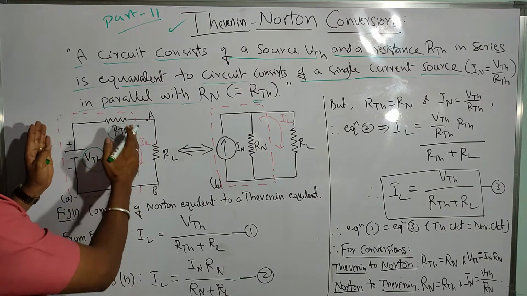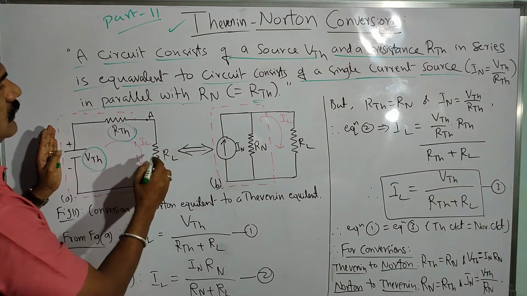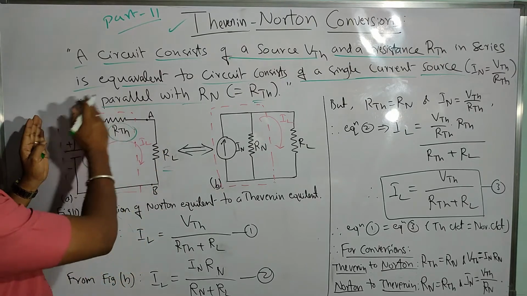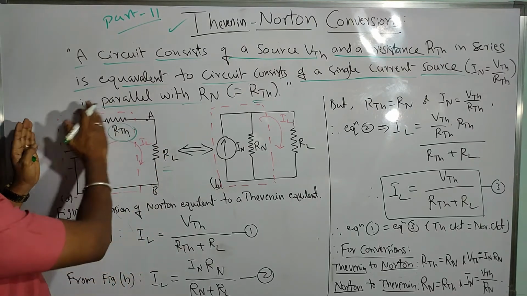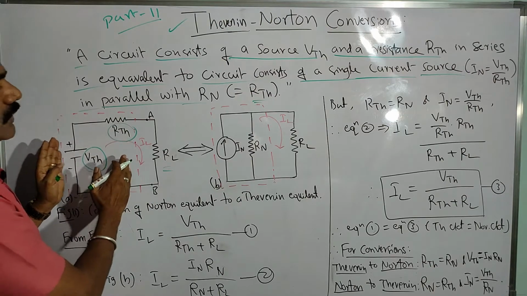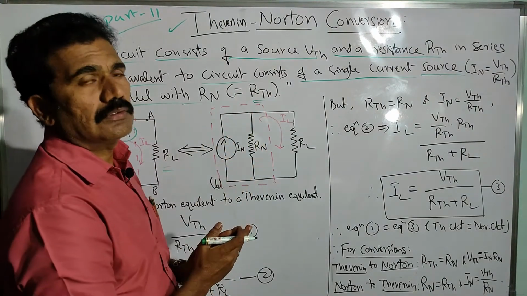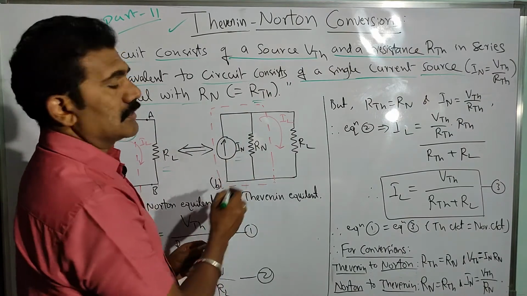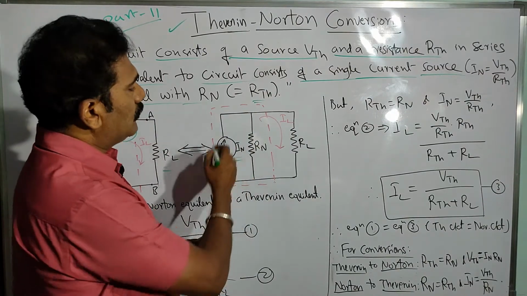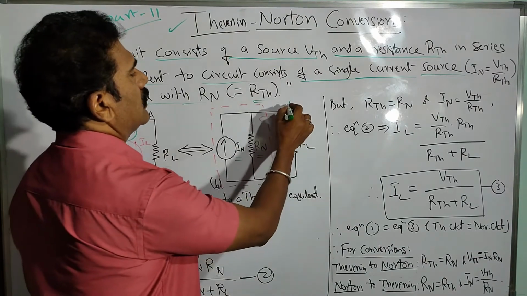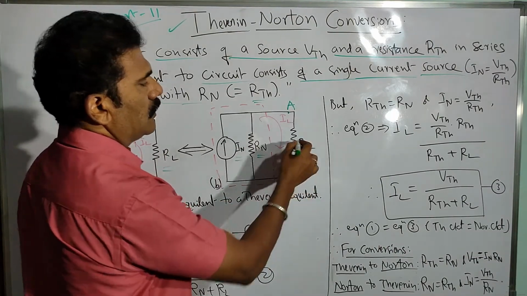Across the terminals A and B there should be a load resistor. You can replace this entire Thevenin's equivalent circuit with a Norton's equivalent circuit, where we have only a constant current source IN in parallel with Norton's resistance. Across the same terminals A and B we have the load resistor.